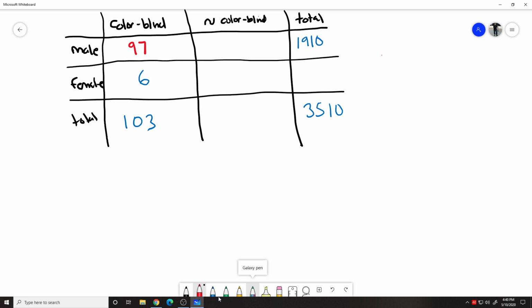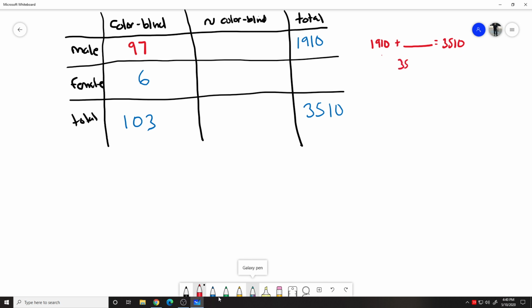Well, if you look at the column, not the row, but the column for the totals, we see that we have this situation where we have 1,910 males plus some unknown amount of females gives me a total of 3,510 people. Well, again, let's just work backwards.